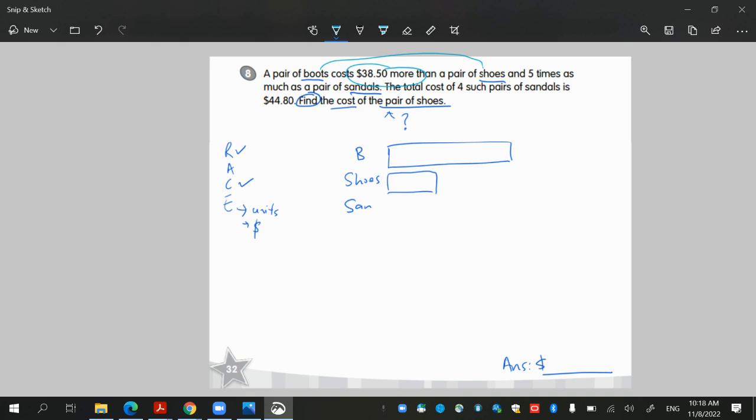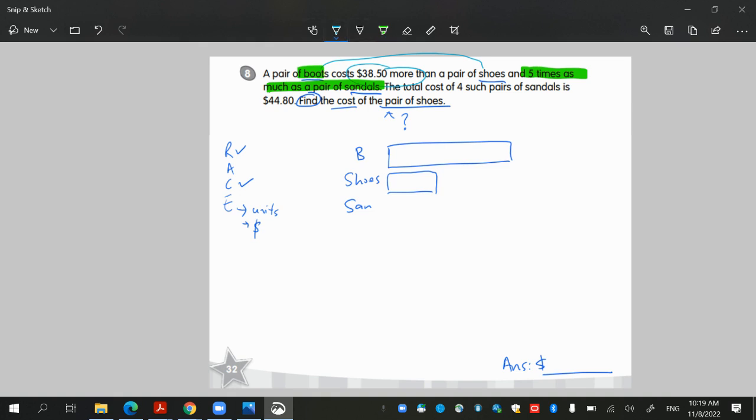But then the next part says and 5 times as much as the sandals. This is new information. Who is the 5 times? The boots. That's good. So the next set of information is comparing between the boots and the sandals.